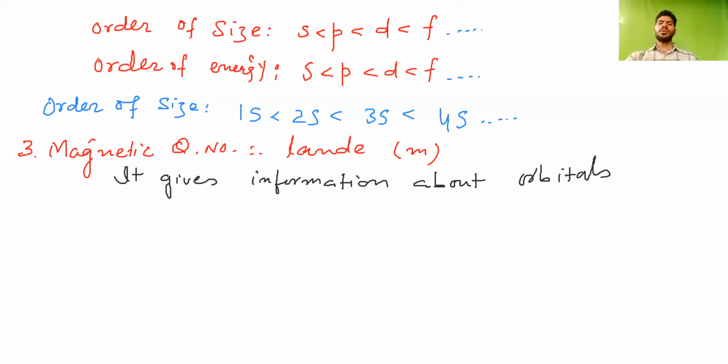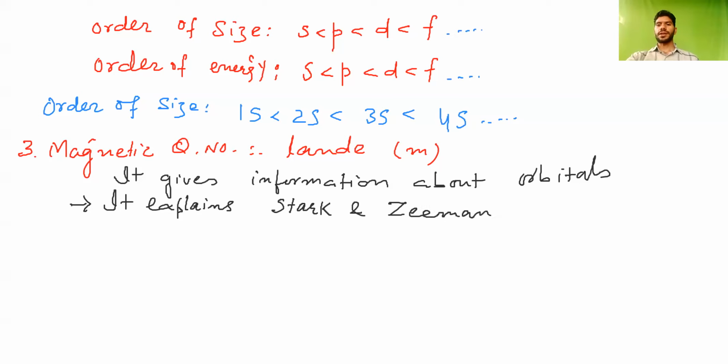So now what it actually explains, so you will remember that it explains the Stark and the Zeeman effect, which we have actually studied in the limitations of Bohr's model. It explains Stark and Zeeman effect.